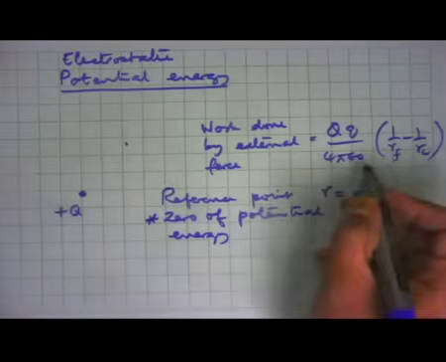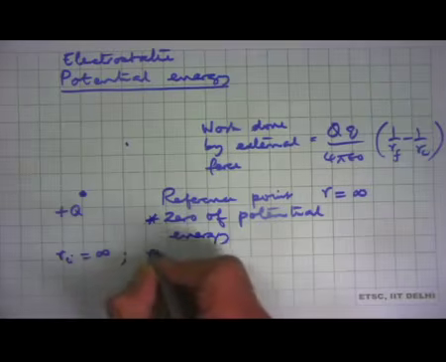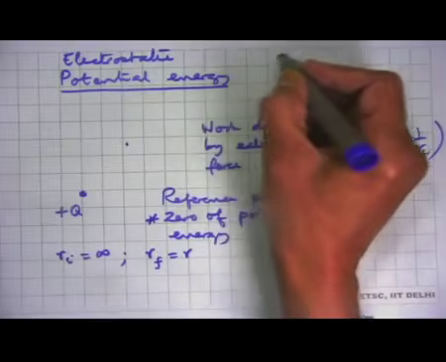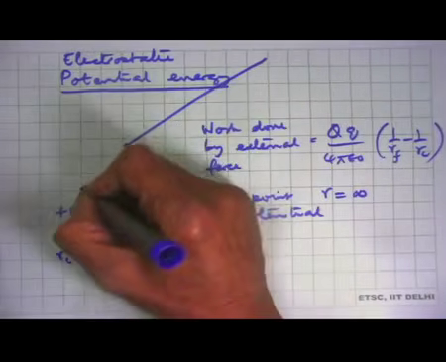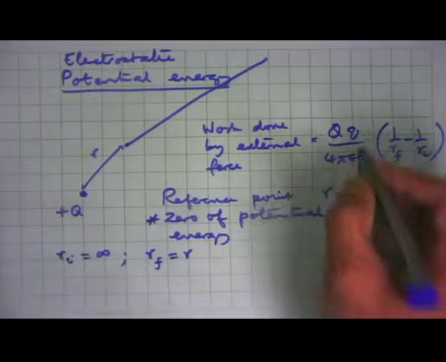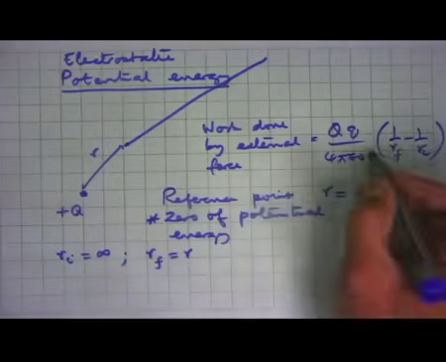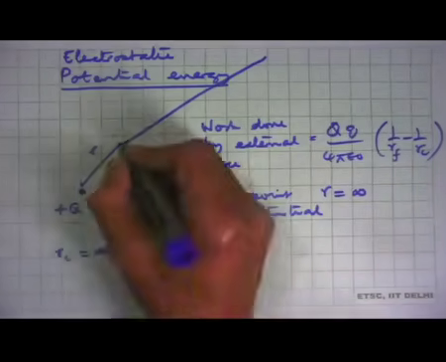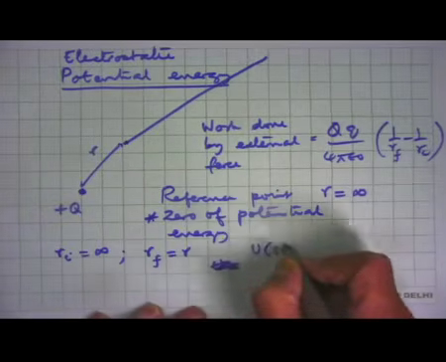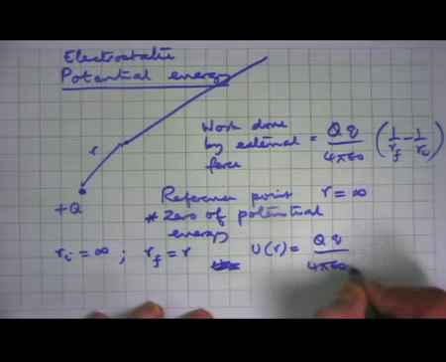In this equation, if I substitute R i equal to infinity and R f equal to r, this gives me the work done in bringing a charge small q from infinity to a point at a distance r from here. This is given by this equation, which I define as the potential energy: the potential energy at a position r between these two charges is q by 4 pi epsilon 0 r.